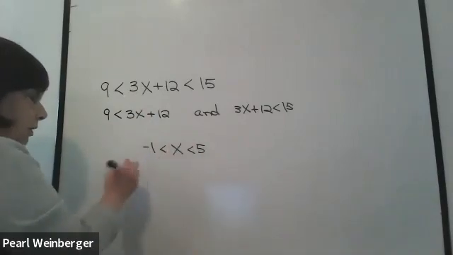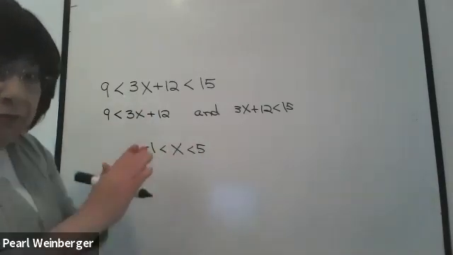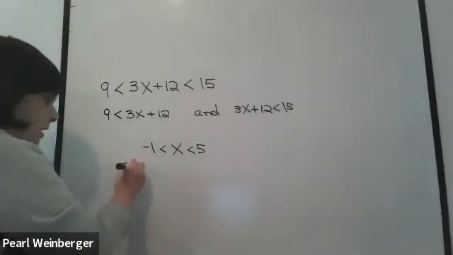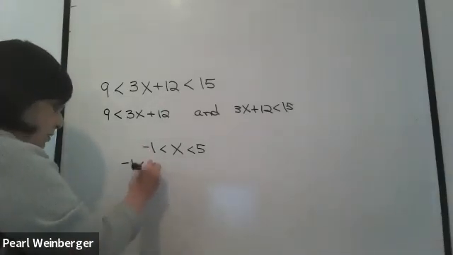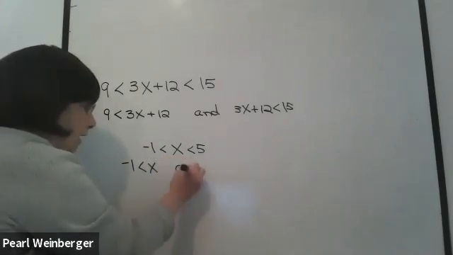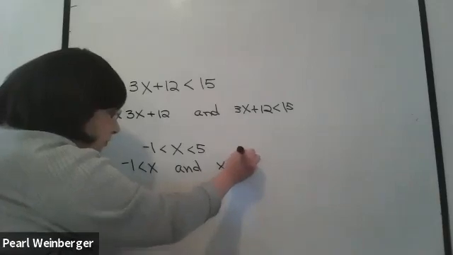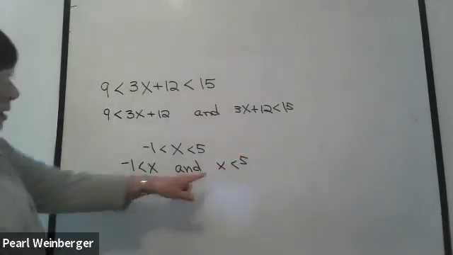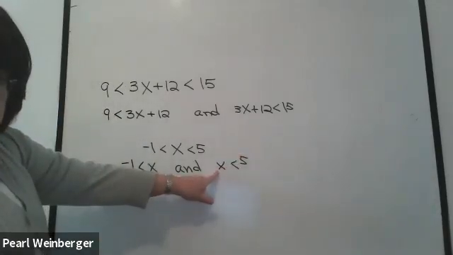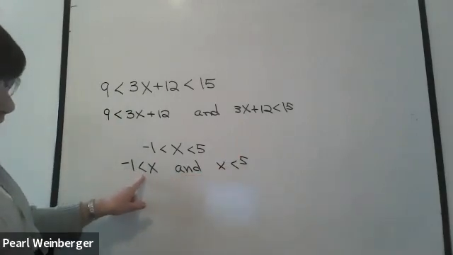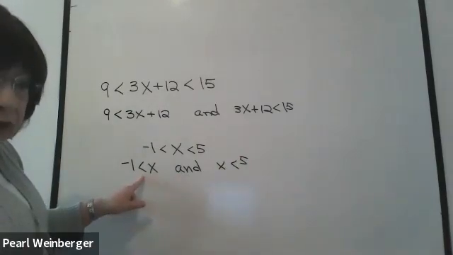Again, if I wanted to, I could separate it. I'm going to show you what it means to separate, and then I'm going to show you really the easy way to do it. This means -1 is less than X, and also at the same time, X is less than 5. Now, X less than 5 makes sense because I have the X on the left side. But -1 less than X is not written the way we usually write it.